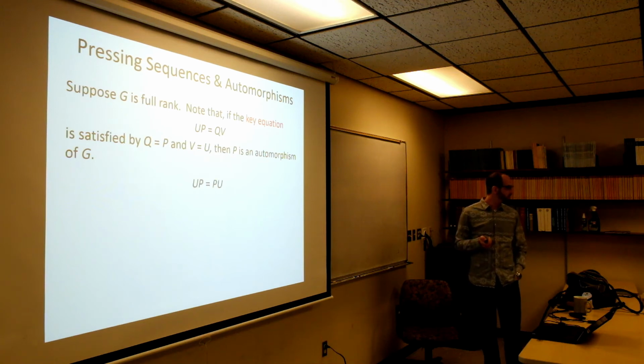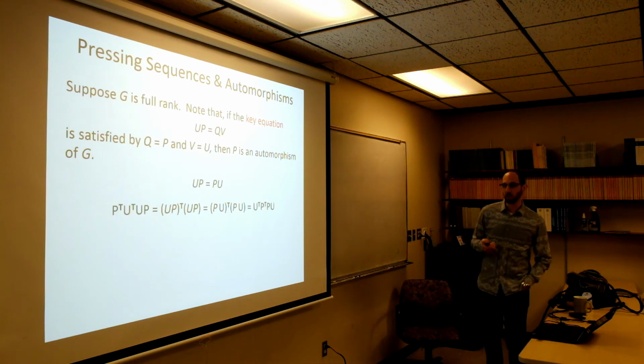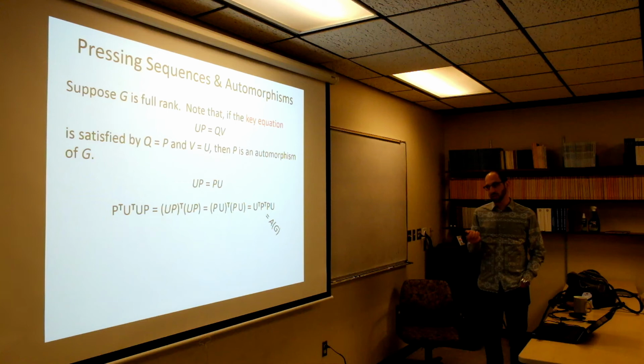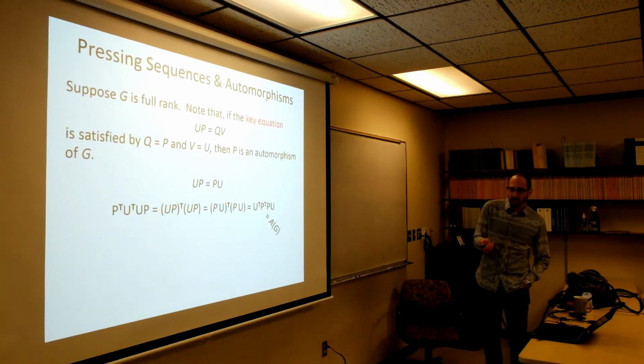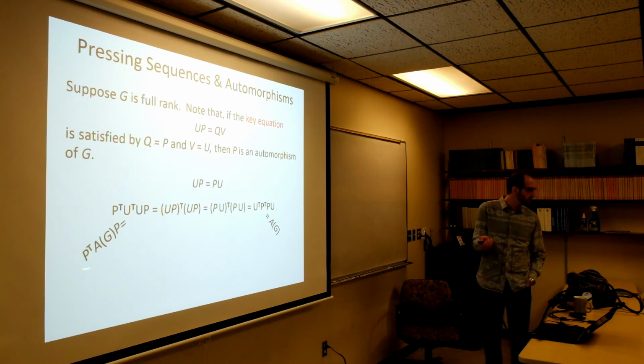Why? Well, here's the equation you get. Multiply both sides by their own transpose. We've gotten in the habit of calling this Cholesky squaring. Not quite squaring, right? So you expand it out, and then on the right, that is the adjacency matrix, because P transpose P is the identity, and U transpose U is the adjacency matrix, because that was the Cholesky factorization. On that side, you're getting P transpose times the adjacency matrix times P, as you're conjugating by the permutation matrix.